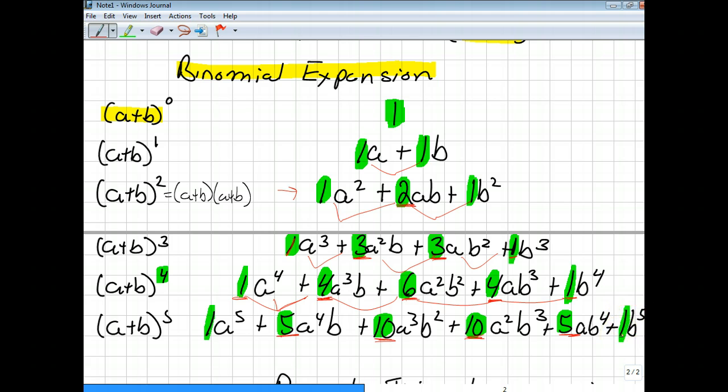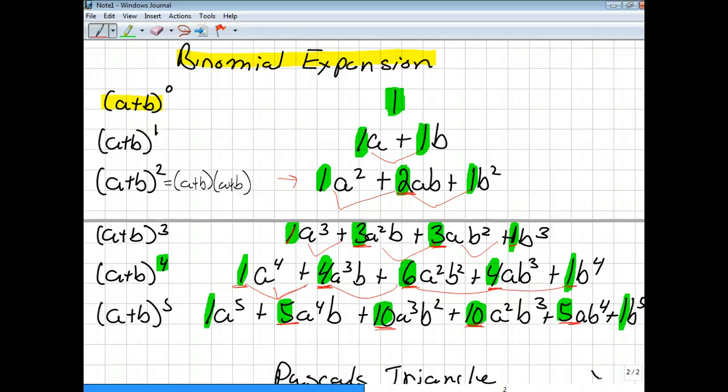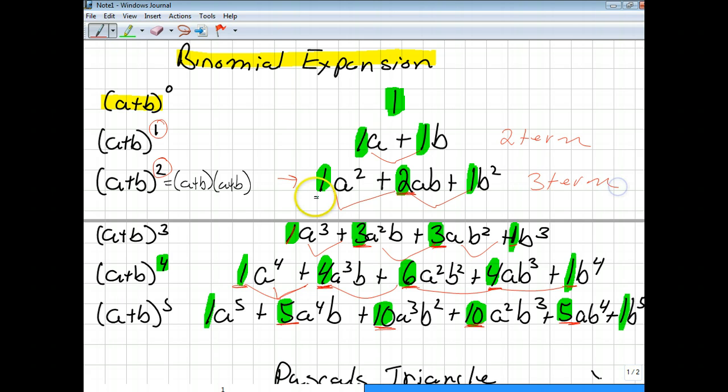Also, notice that for each row, there's always one more term than the power. This one has a power of 1, but I have 2 terms. This one has a power of 2, but I have 3 terms: 1a squared, 2ab, and 1b squared.